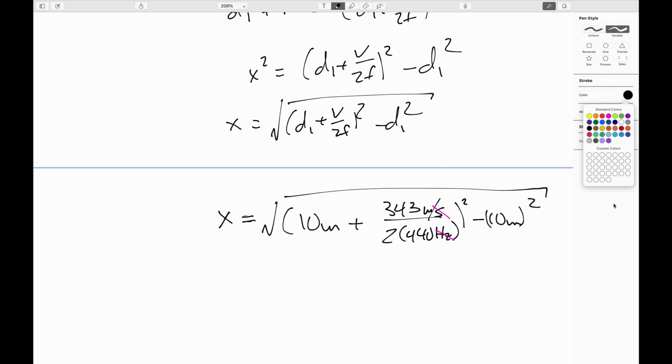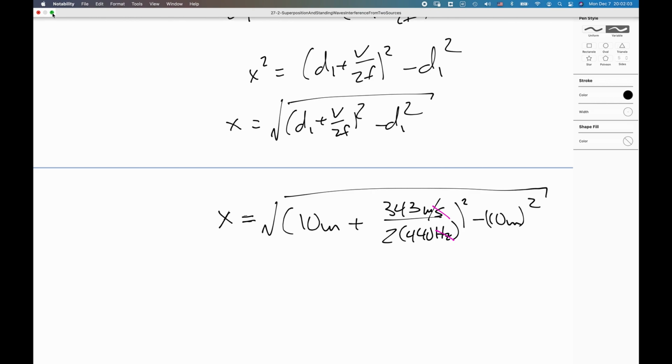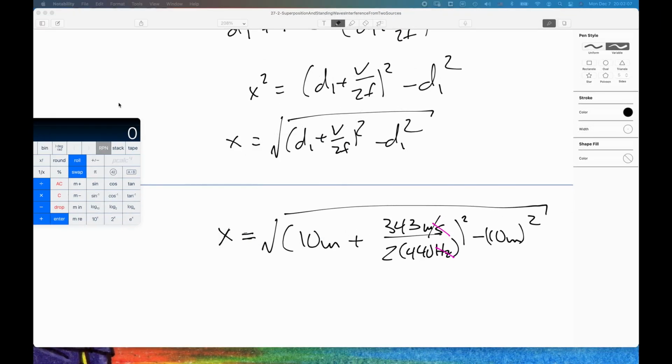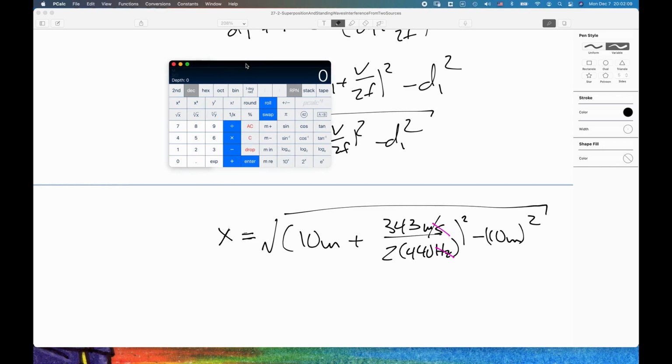That's good. So let's go ahead and grind that through on the calculator, shall we? So we will have 10, 343, divided by 2, divided by 440, plus 10, squared, minus 10 squared, square root: 2.82 meters.